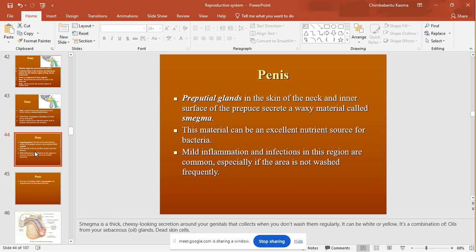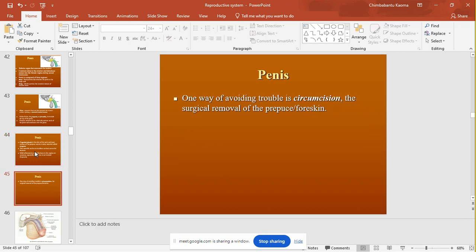And of course, if you are incapable of regular cleaning, or you do have some anatomical abnormality which prevents you from getting rid of this smegma, perhaps a solution would be circumcision, where you remove this foreskin for good, so you don't have to deal with those secretions.